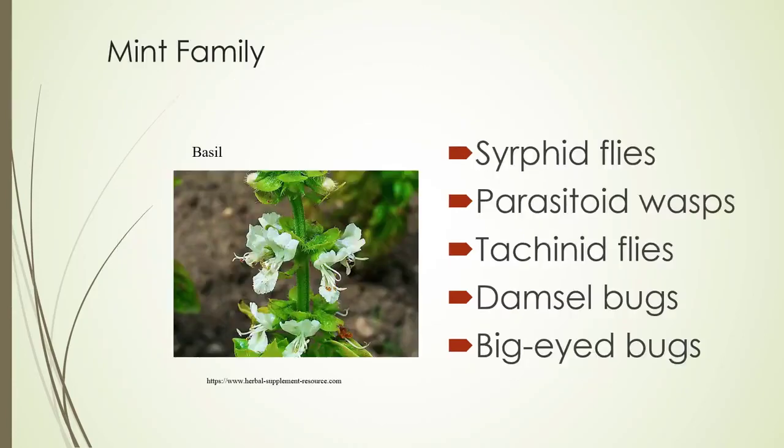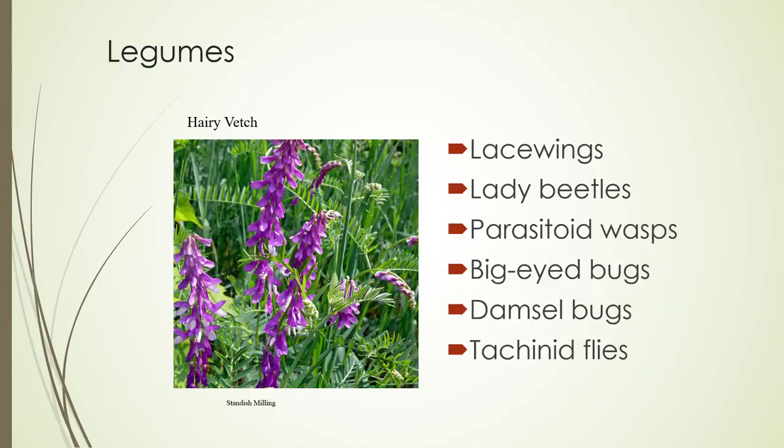The mint family attracts syrphid flies, parasitoid wasps, tachinid flies, damsel bugs, and big-eyed bugs. Those are both predator insects. Legumes, such as hairy vetch, could be a cover crop. You let it go to flower, and it'll attract lacewings, lady beetles, parasitoid wasps, big-eyed bugs, damsel bugs, and tachinid flies.